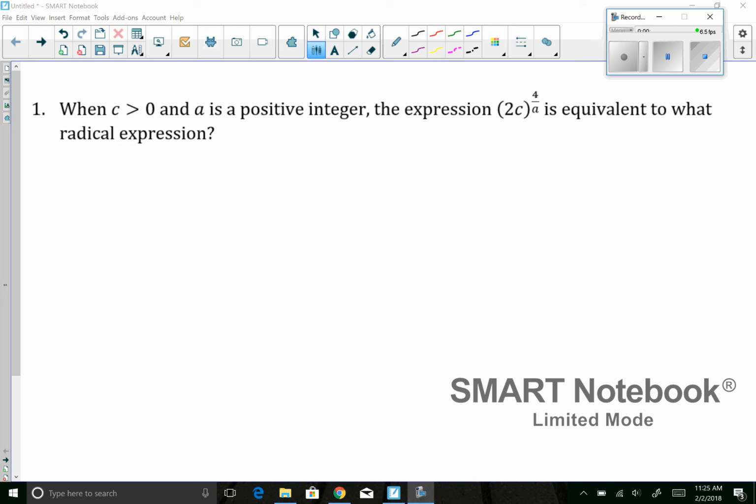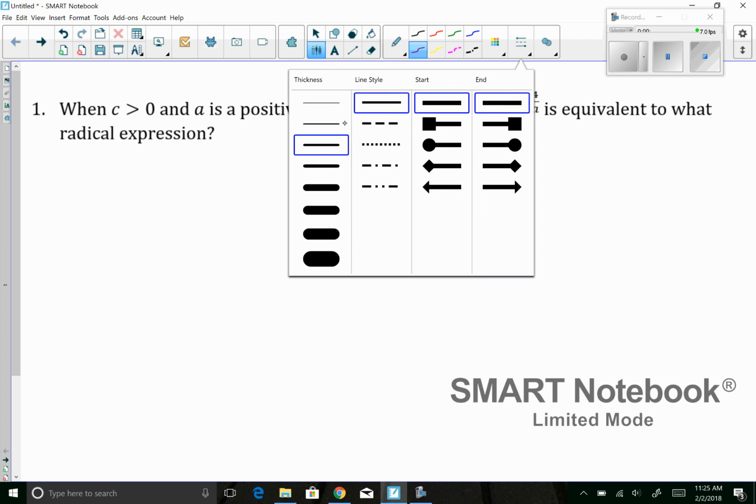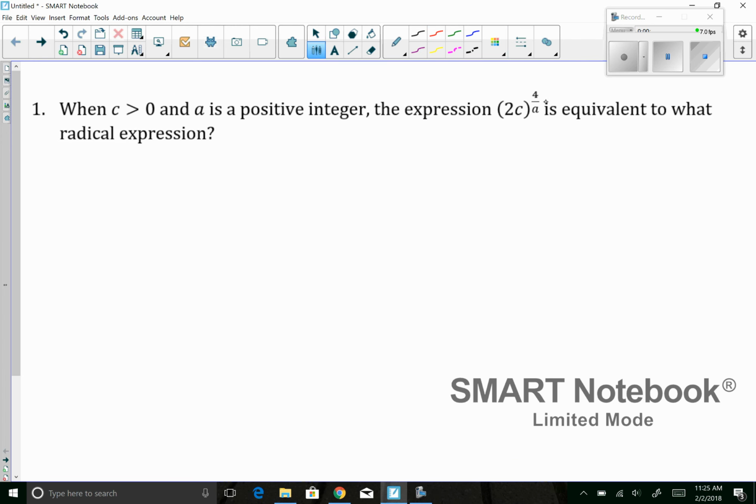So if I have a fractional exponent, I know what I'm using here is the rule of exponent over root. As soon as I see this, I'm thinking exponent over root. If I was to rewrite this as a radical, whatever is raised to that fractional exponent is in the radical.